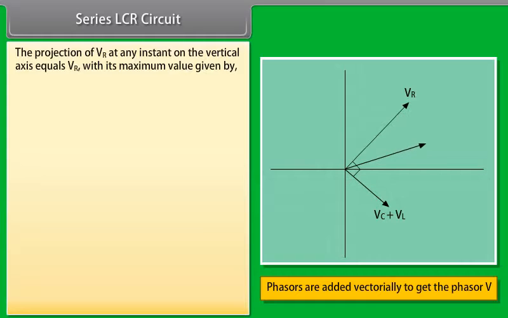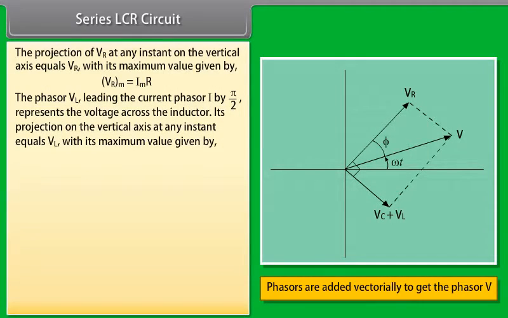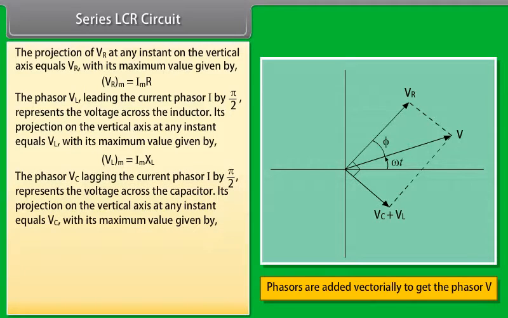Its projection on the vertical axis at any instant equals VL with its maximum value given by product of Im and XL. The phasor VC lagging the current phasor I by pi by 2 represents the voltage across the capacitor. Its projection on the vertical axis at any instant equals VC with its maximum value given by product of Im and XC.